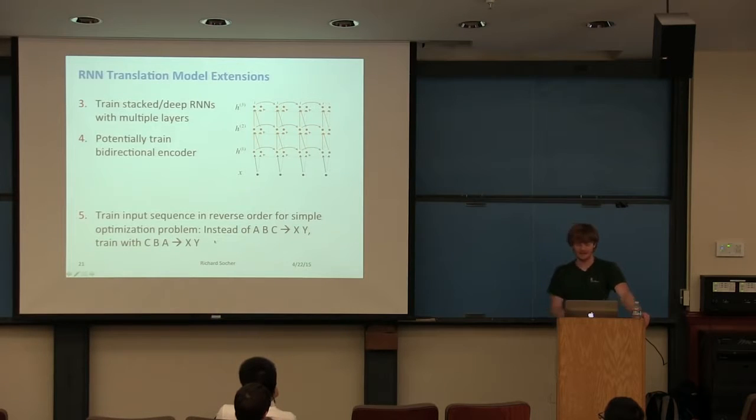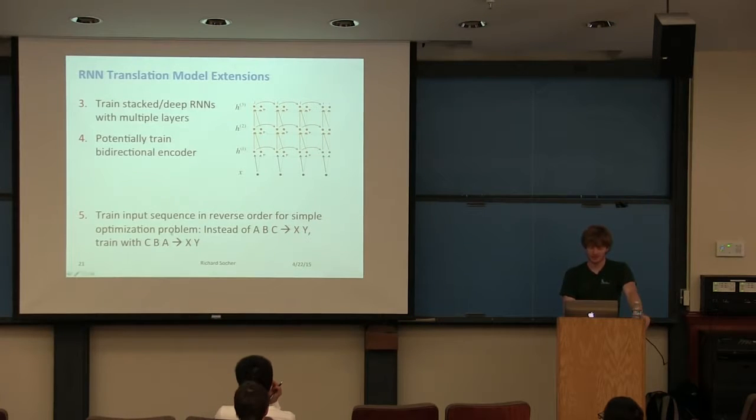What does that gain us? Well, often for simple language pairs such as English-French, they're well aligned, and so C is more likely to be translated to Y. This is basically a deep recurrent neural network, and despite all the tricks we'll introduce for dealing with vanishing gradient problems, it is still a much easier problem if your output is here and the input that determines that output is close to it in the network, and so close to the actual error messages that you get.